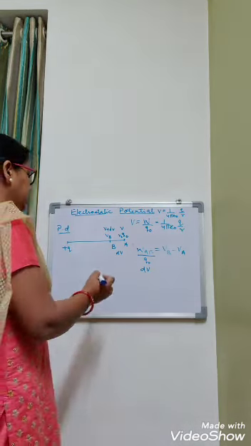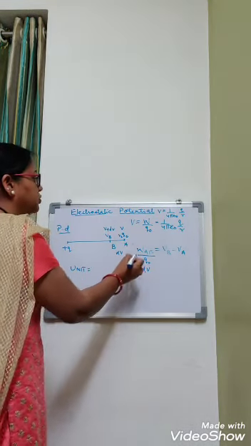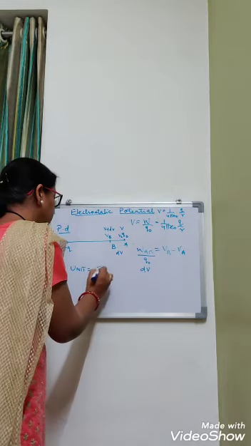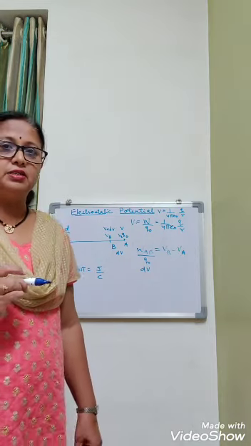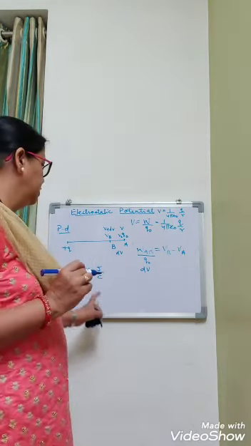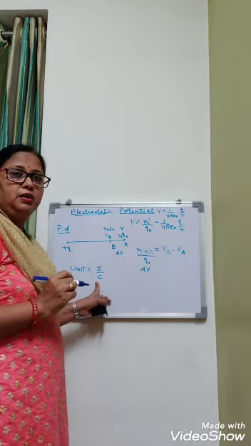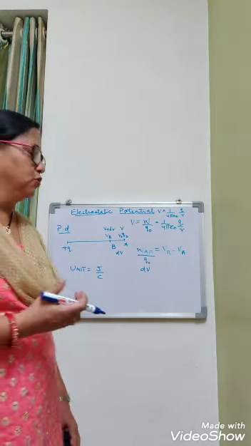Now potential difference has a unit. Unit is equal to work done per unit charge. So it is joule per coulomb. So if 1 joule work is done to move a charge, 1 coulomb charge, from infinity to the given point, then the amount of work done is called 1 volt.